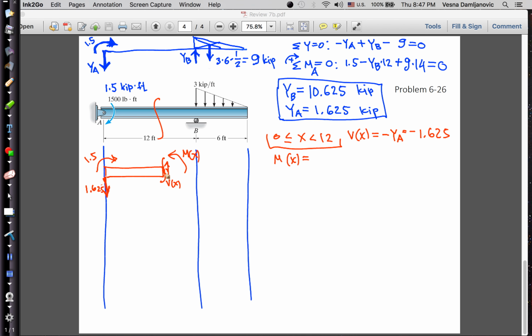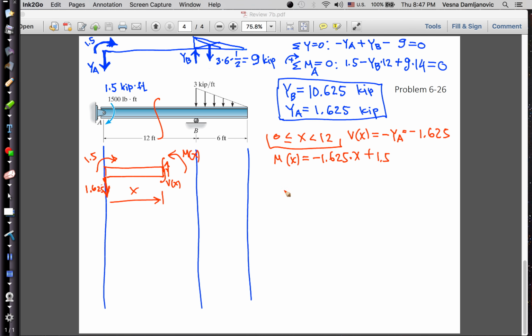And so now we're calculating for that point, the moment of this force is negative, so it's negative 1.625 times, this is x, right, and plus this. And so we can see later when we substitute x, we get the right stuff.